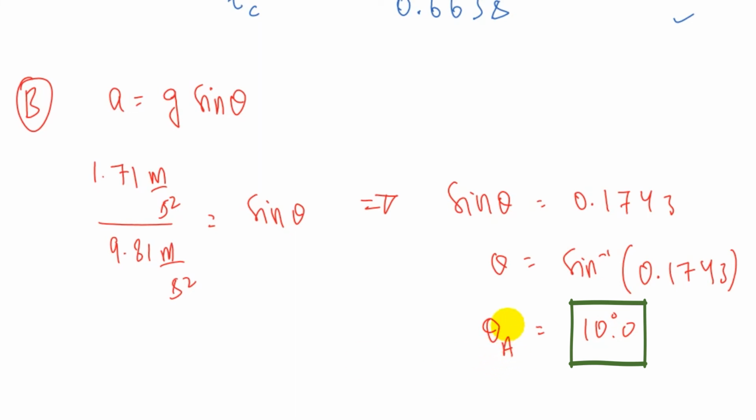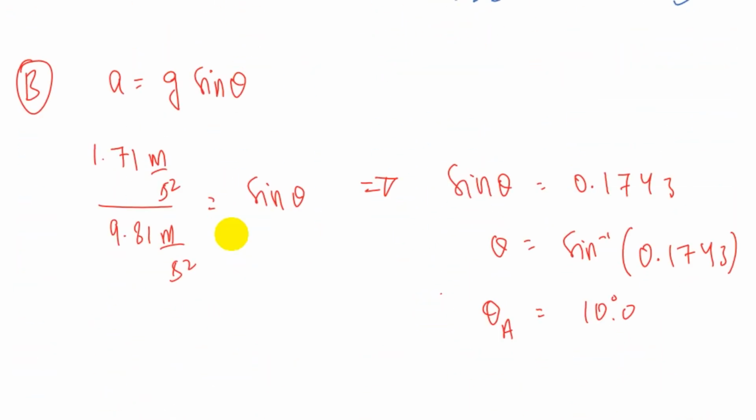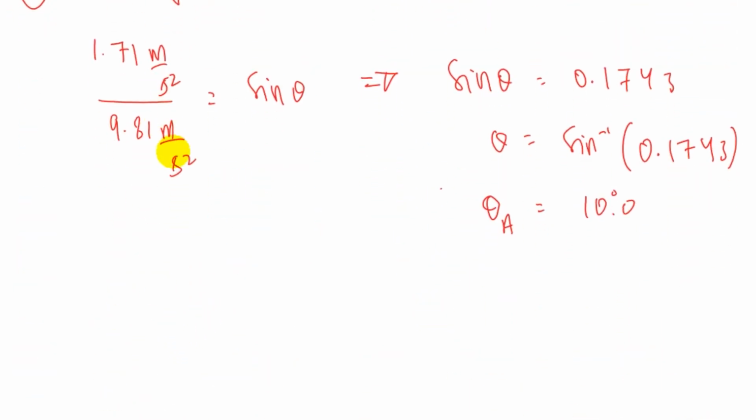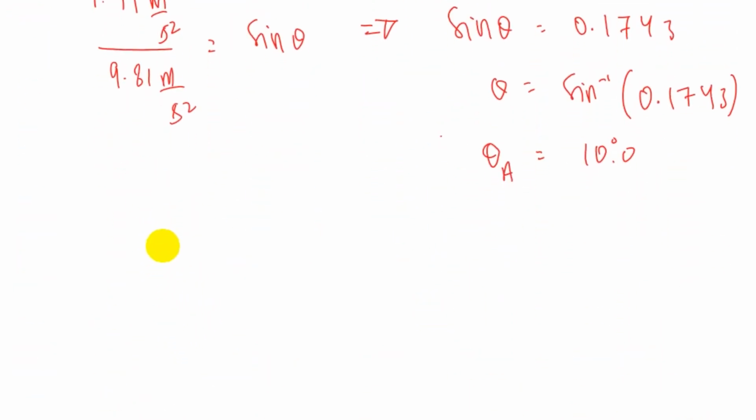Now next we have to find theta B for ramp B, and for that we can use the same equation, this one, but this time for ramp B. So a_B would be equal to g sine theta B. So from here sine theta B would be equal to a_B divided by g.